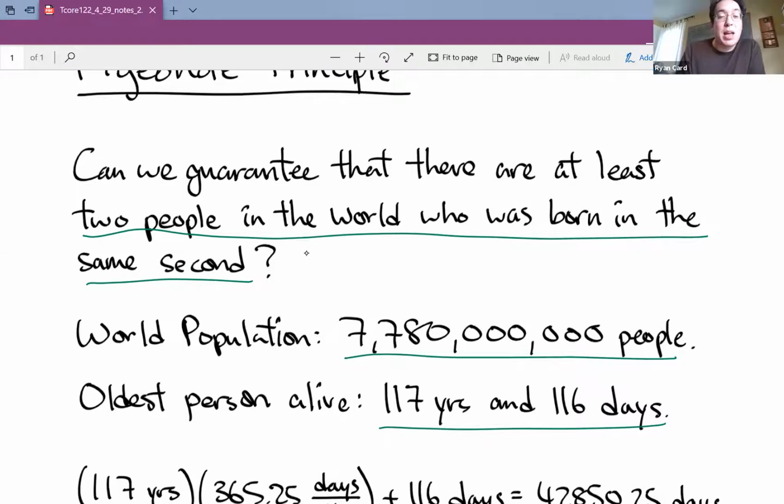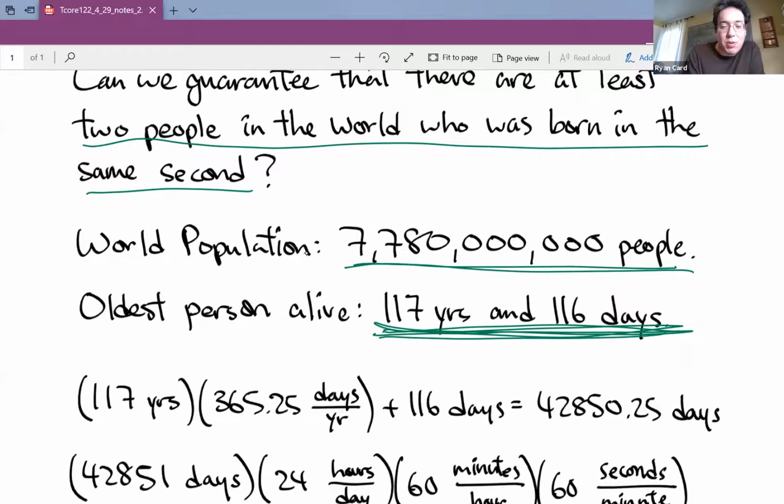So the oldest person alive was 117 years and 116 days old, currently. So let's count how many different seconds each of these people could be born in, from the oldest possible birth second to all the possible seconds that we have.